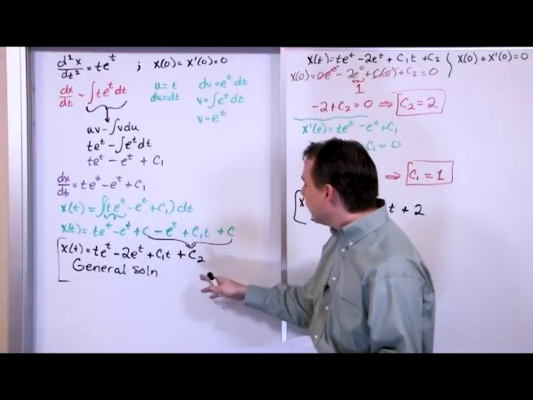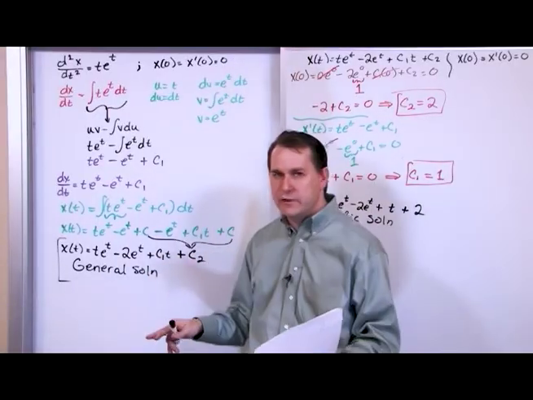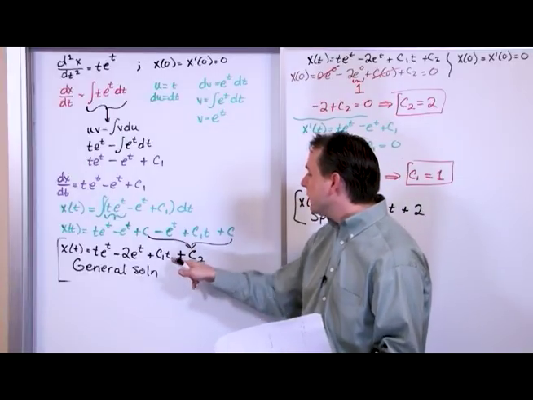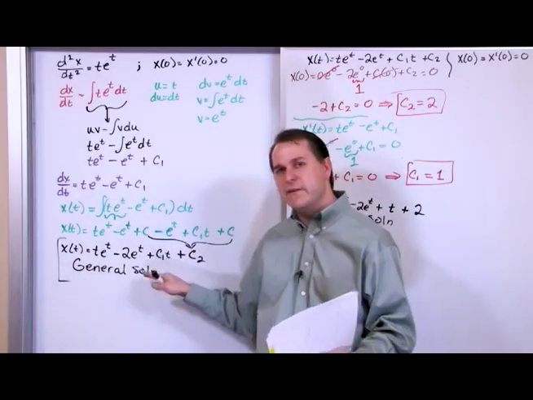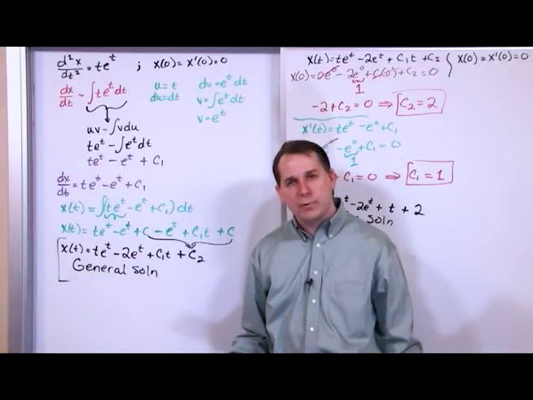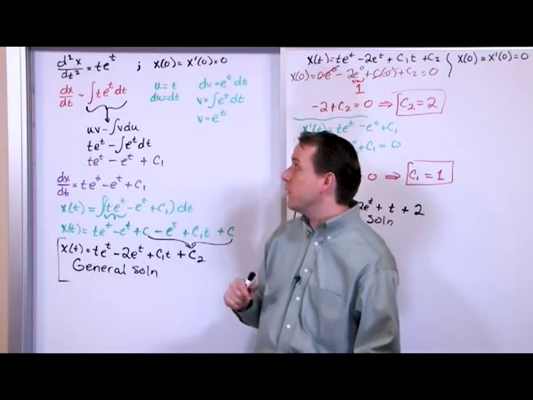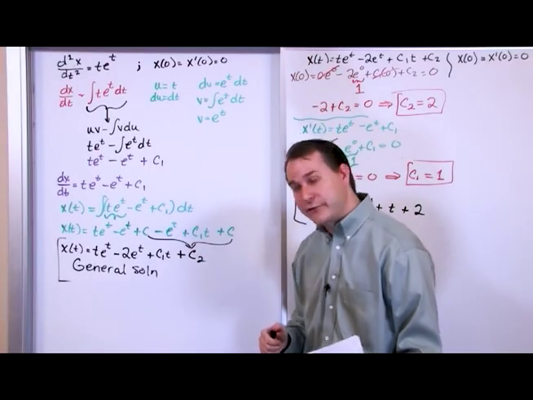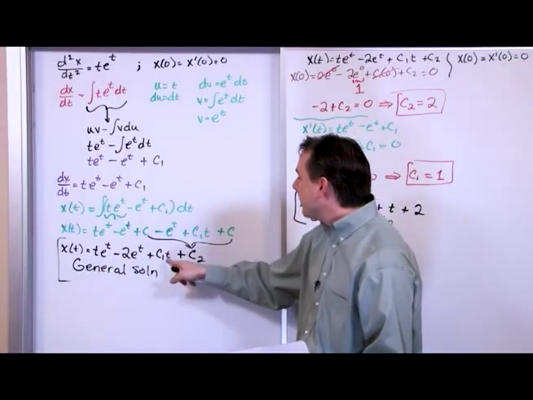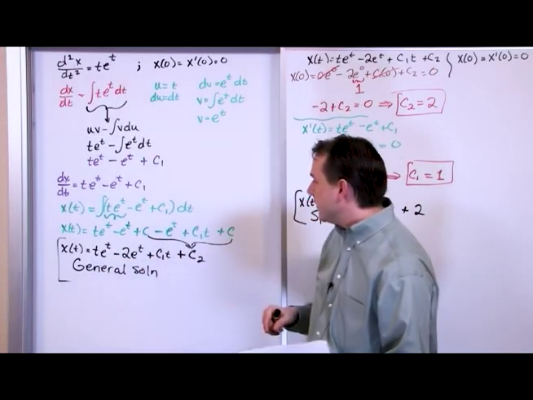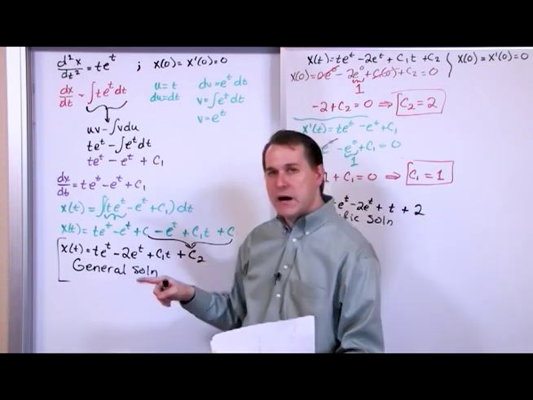The general solution is always going to have constants of integration, because depending on what constants you put in here, you're going to get a different specific solution. So all of these general solutions represent an infinite number of solutions to this differential equation. In fact, if you want a little exercise, take this general solution and put it into your differential equation, even with these constants, and you will find that it works.